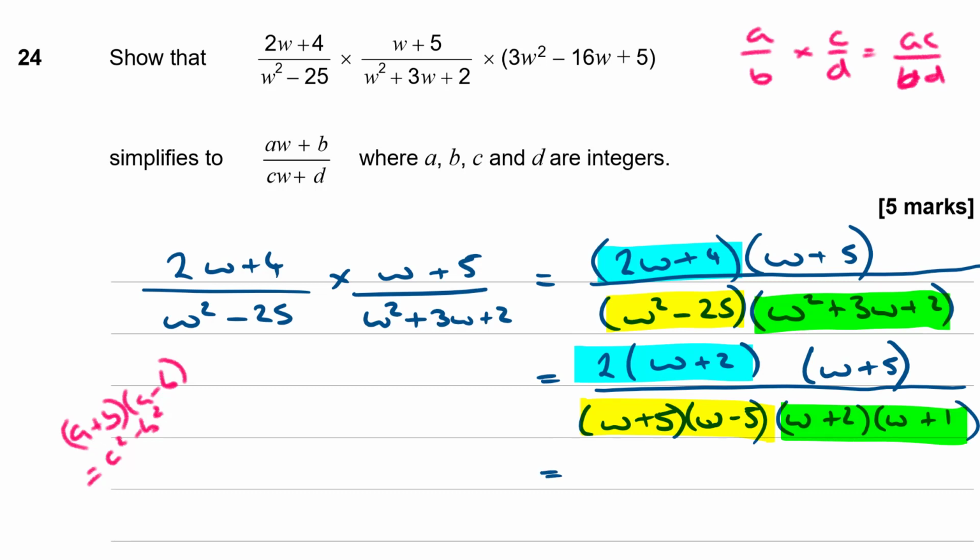So now what? Can we cancel anything top and bottom? I've got a w + 2 there, which I can cancel with that w + 2, and a w + 5 there that cancels with that w + 5. So they all disappear.